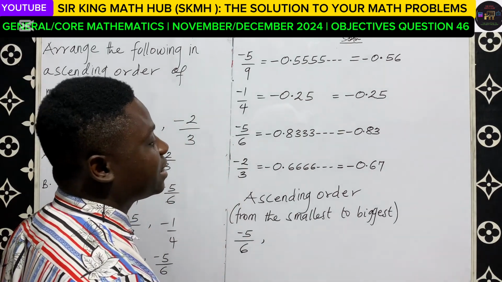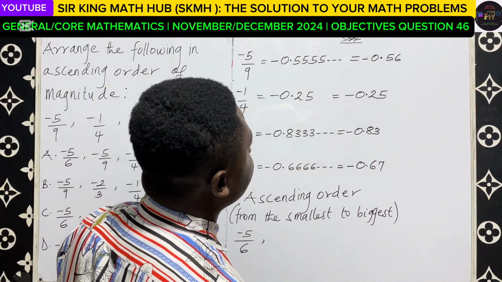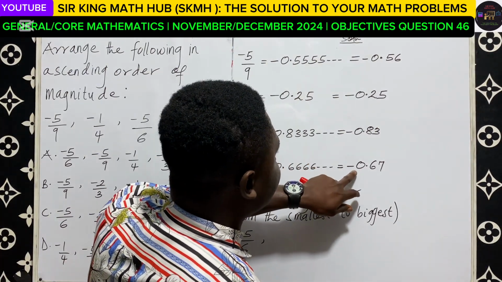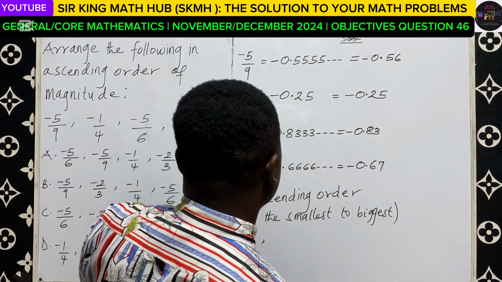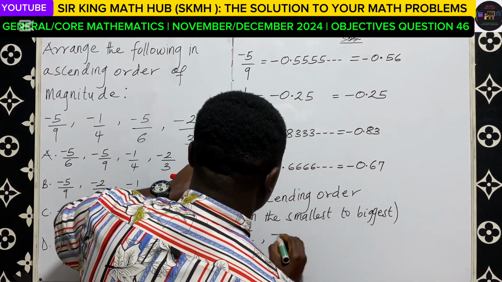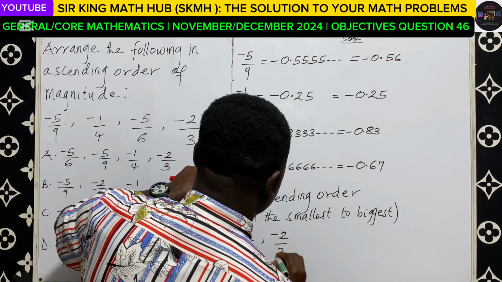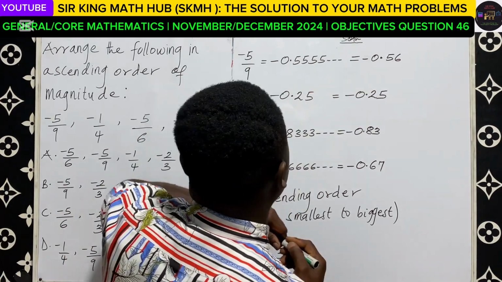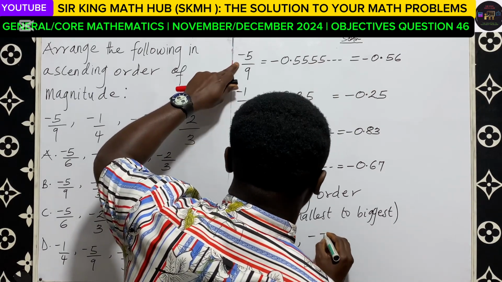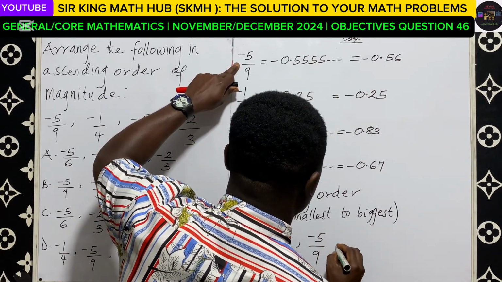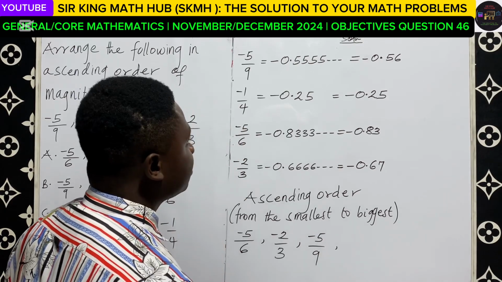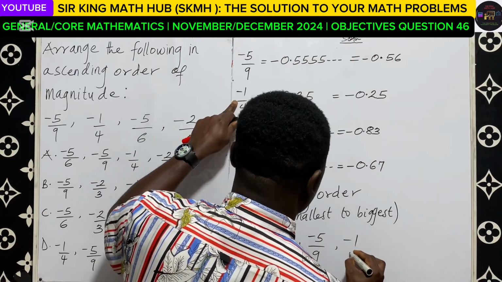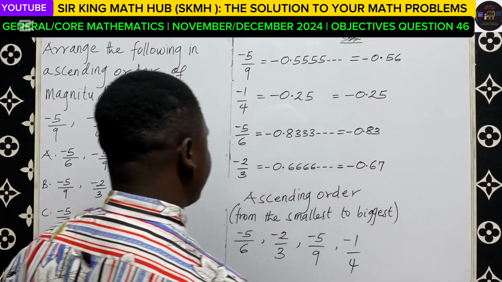From there, what is the next number? The next number that will follow is -0.67, whose common fraction is -2/3, then followed by -0.56, whose common fraction is -5/9, and then finally -0.25, whose common fraction is -1/4.